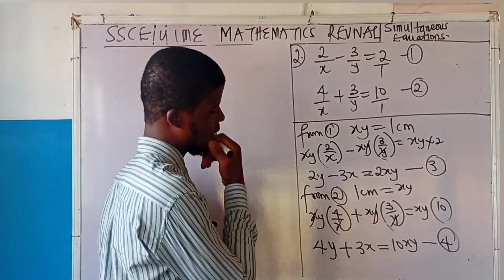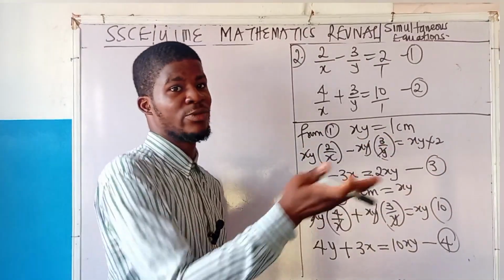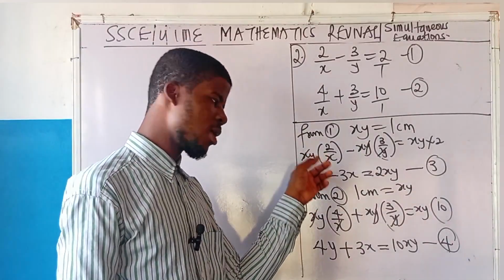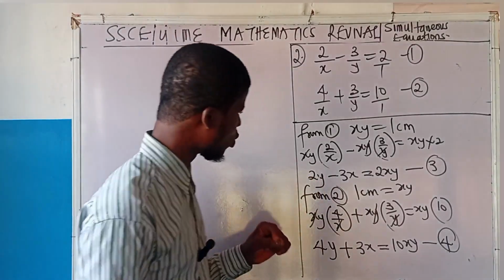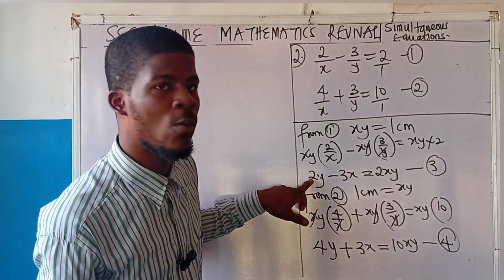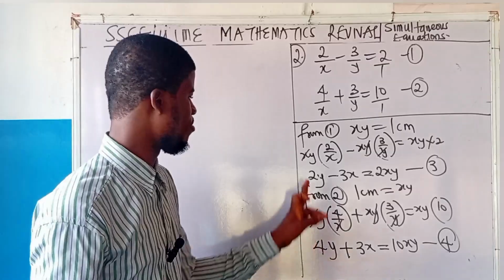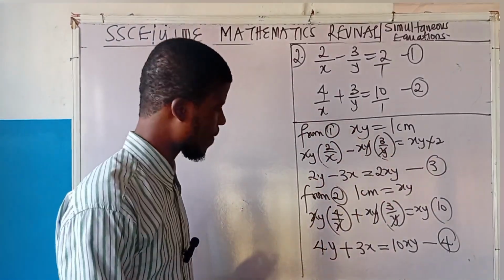Let me make an attempt to eliminate y. I will have to multiply equation 3 by 2, so that this will be 4, so that here is also 4. 4 minus 4, 0. It means that I've eliminated this y.